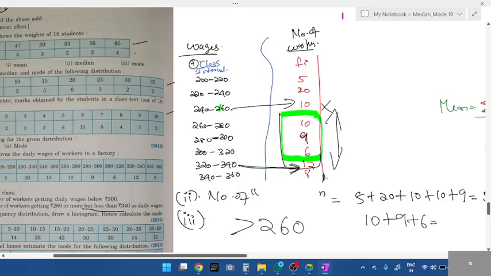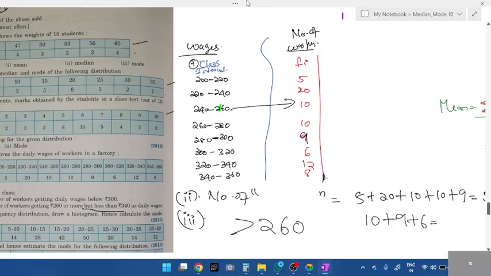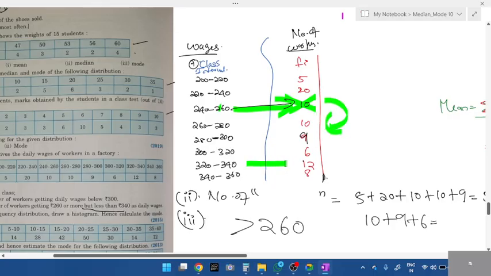Because the 8th one is after 340, right? 8 is after 340. Which means you have to include even this. Look, I'll draw it in the green line. If it is more than 260, students, don't consider 10. Start from the next value. Less than 340 meaning less than 340, include even this 12.